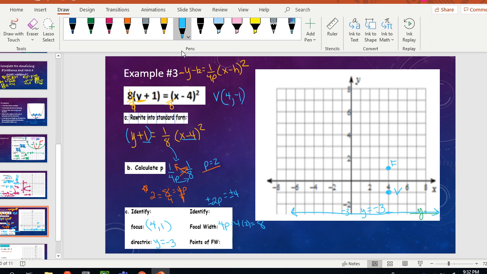So each side of the focus is worth 4. The total is worth 8. So each side of the focus, I'm going to go up here, change a color. So go over 4 and over 4. So guys, if there's 4 on this side, 4 on that side, that's the total of 8 for the focal width.